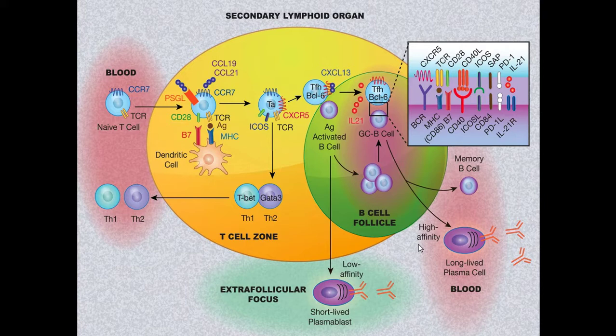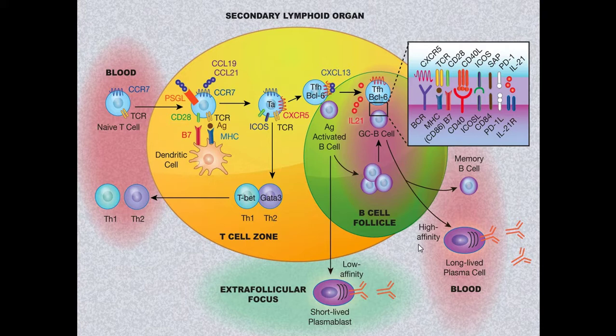From the left, naive T cells express TCR and CCR7 on the surface in the blood, and then they go to the secondary lymphoid organ, such as the lymph node, interact with dendritic cells, and become active T cells. After that, they gradually increase expression of ICOS and CXCR5.